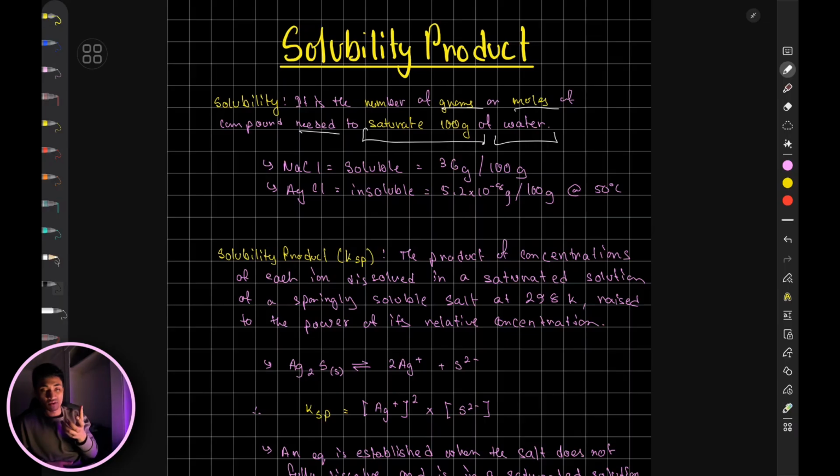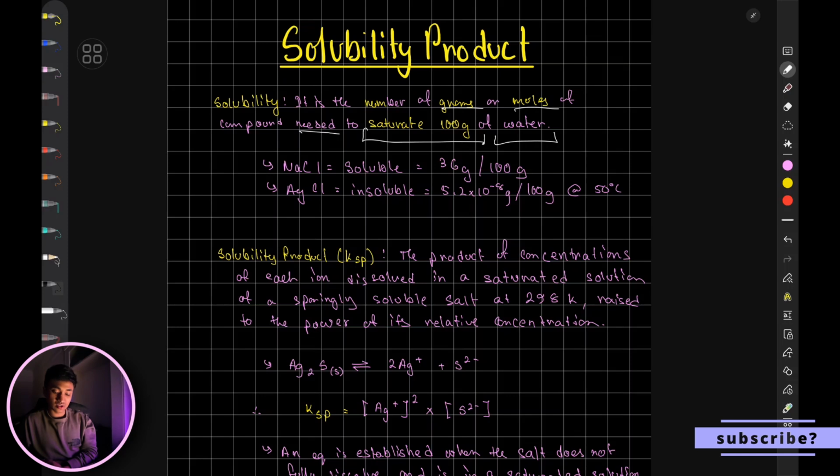Okay, so again we're talking about concentration in that case. I'll show that as well, but AgCl, for example, silver chloride, is insoluble. Barely 5.2 into 10 power minus 8 grams of it dissolves in 100 grams of water, and that even at a high temperature such as 50 degrees Celsius.